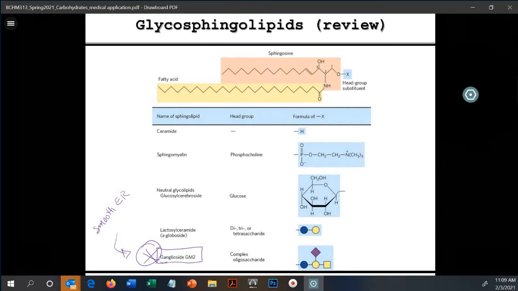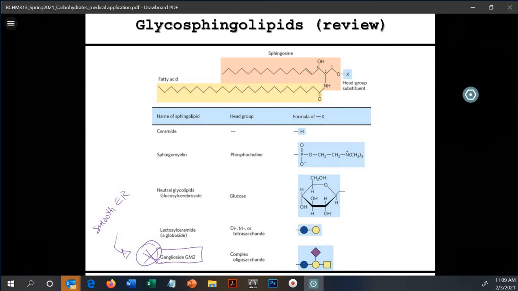So these lipids become glycosylated within the endoplasmic reticulum. And then they're going to be essentially gently exocytosed to the surface of the cell, where these lipids will become part of the cell membrane.